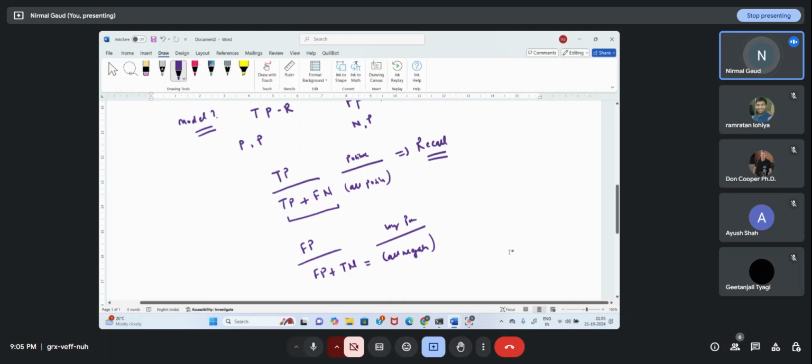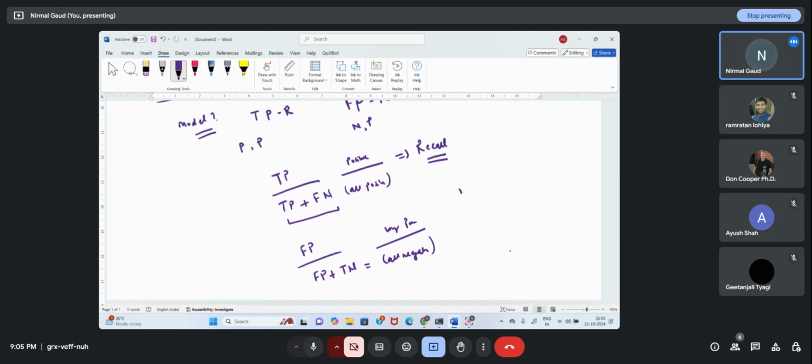If you make a plot between these two, that's called the ROC, receiver operating characteristic.